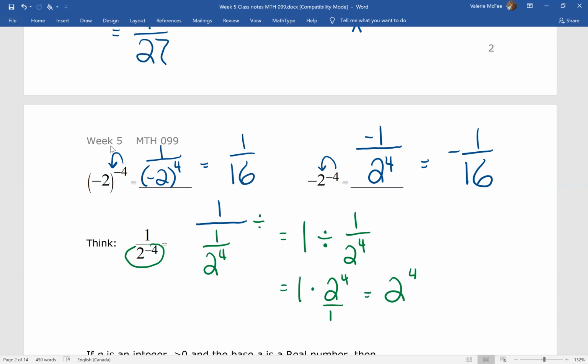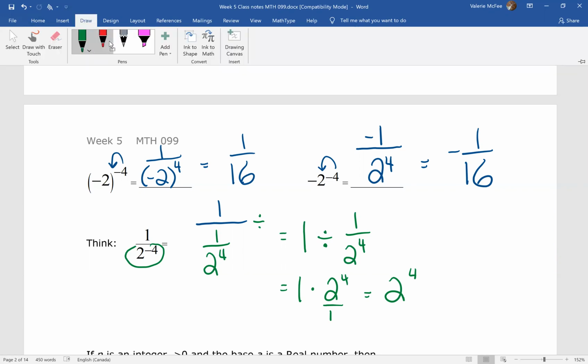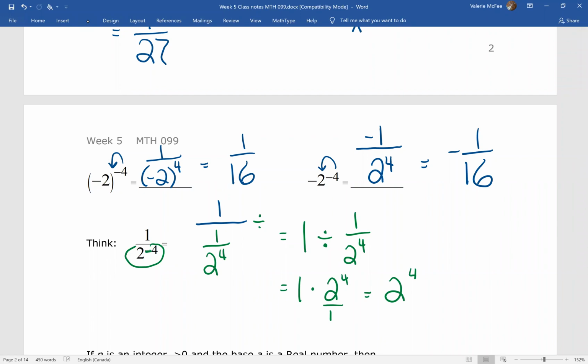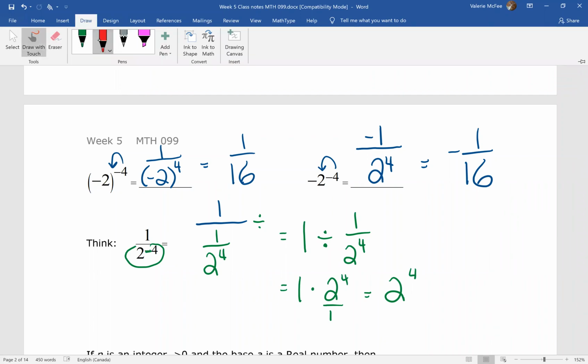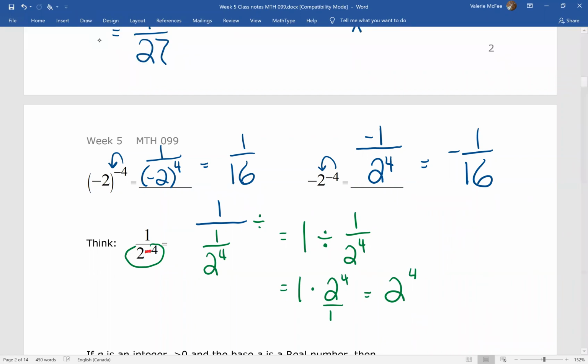We can see by this example that if you have a negative exponent in the denominator, by flipping it to the numerator, the exponent became positive.